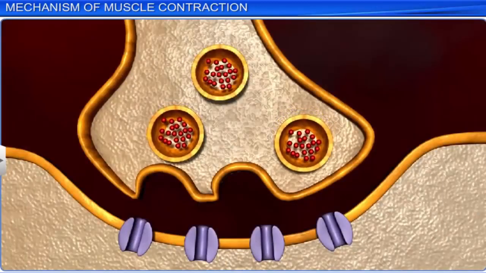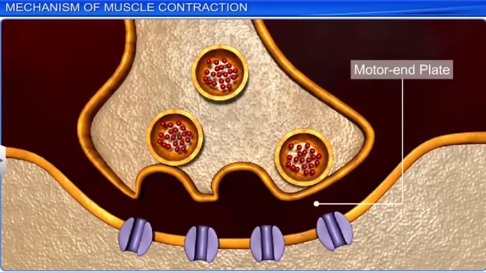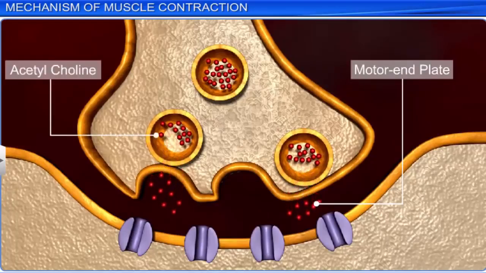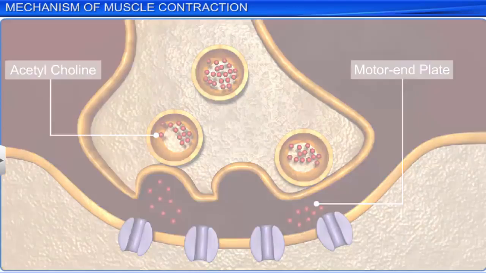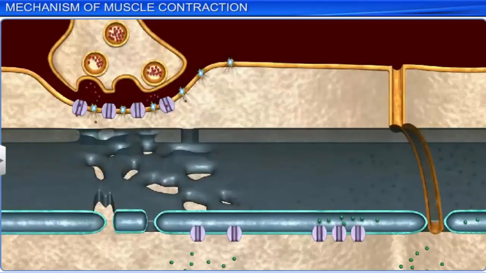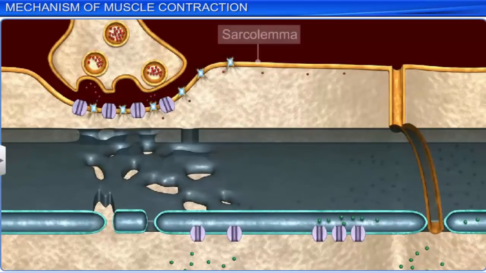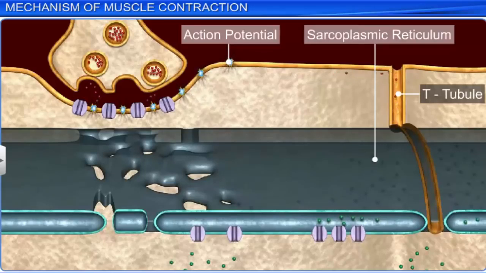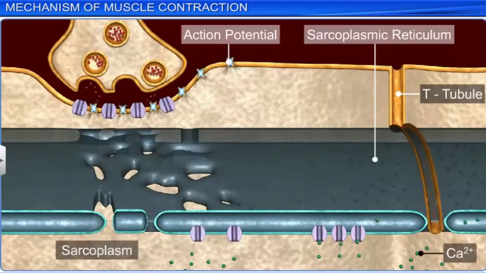When a neural signal reaches the motor end plate, it releases a neurotransmitter called acetylcholine. This neurotransmitter generates an action potential in the sarcolemma which spreads into the muscle fiber, causing the release of calcium ions in the sarcoplasm.